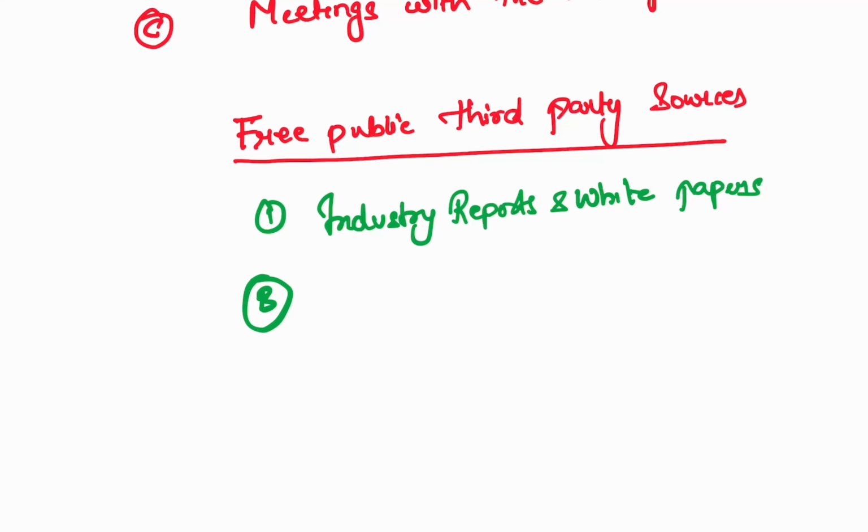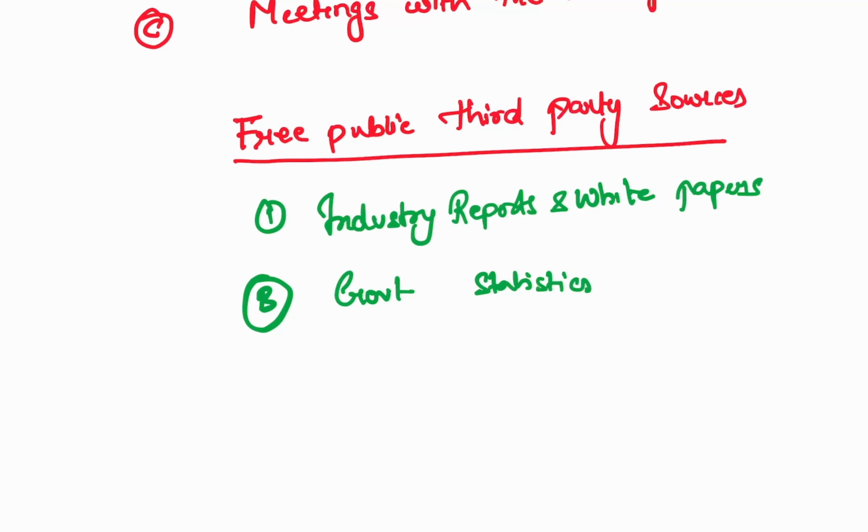Then government statistics. The government bodies publish regular data with respect to economic growth, inflation, unemployment, sector specific growths. Suppose you are analyzing a particular real estate company, so housing construction data from the government will definitely help you understand the market trend.